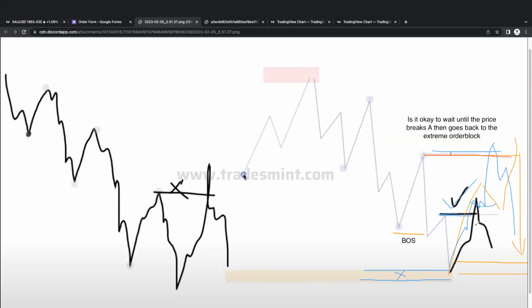Then simply take out the inducement or mitigate any POI and then you can trade it, right? This is the measure, right? But if there is no POI, in that case this is our chop. If price taps on your POI, then this high acts like a change of character.